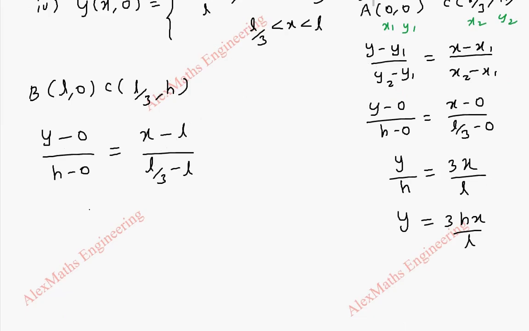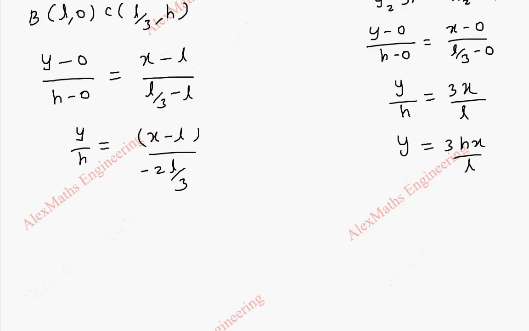Now this is y by h equal to x minus L over L by 3 minus L, which after taking LCM is minus 2L by 3. There is a minus sign, and taking h to the other side, this 3 also will be taken to the numerator. So 3h into x minus L by 2L, with a minus sign.